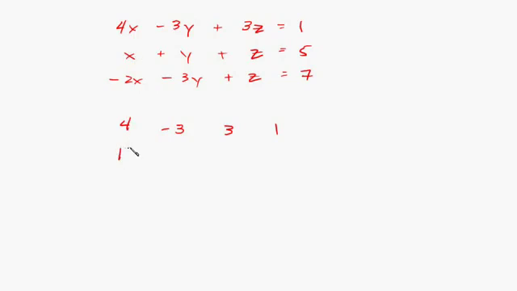And then this has coefficients 1, 1, 1, 5, and negative 2, negative 3, 1, and 7. You can interchange rows, so you can make this row first. So we can make row number 2 row number 1, so we can write 1, 1, 1, 5, and then make this row number 2: 4, negative 3, 3, and 1, and then negative 2, negative 3, 1, and 7.